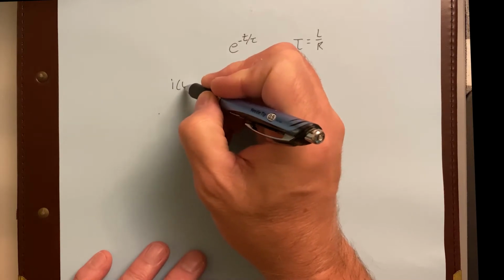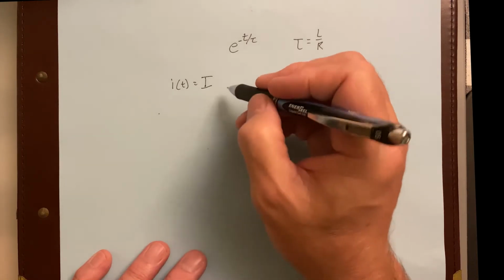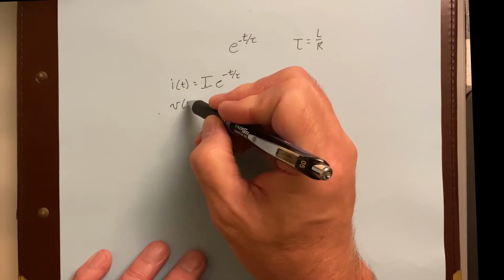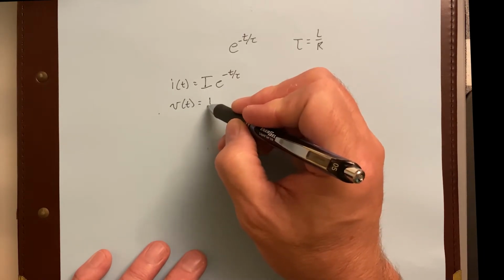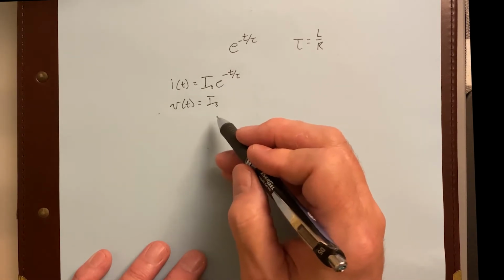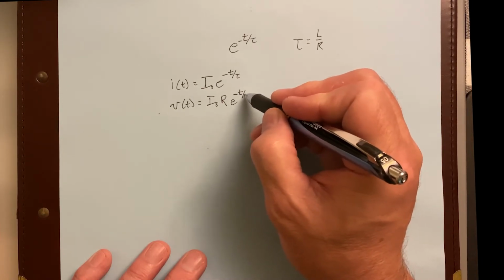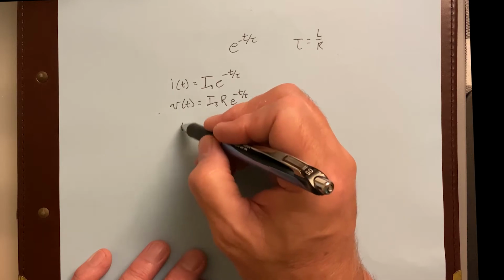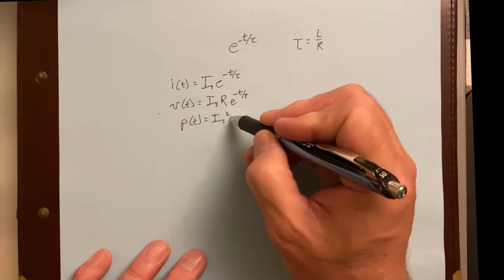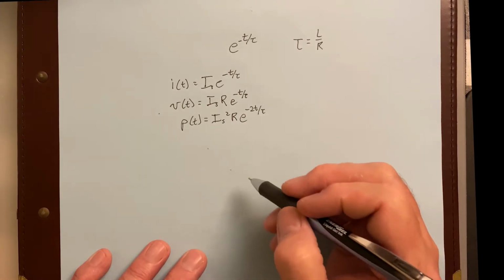The current, I of t, was whatever that initial current is times e to the negative t over tau. The voltage, as a function of time, was I sub s times R, e to the negative t over tau. I called the initial current I sub s previously, and we'll keep that notation. And the power, as a function of time, was I sub s squared R, e to the negative 2t over tau.